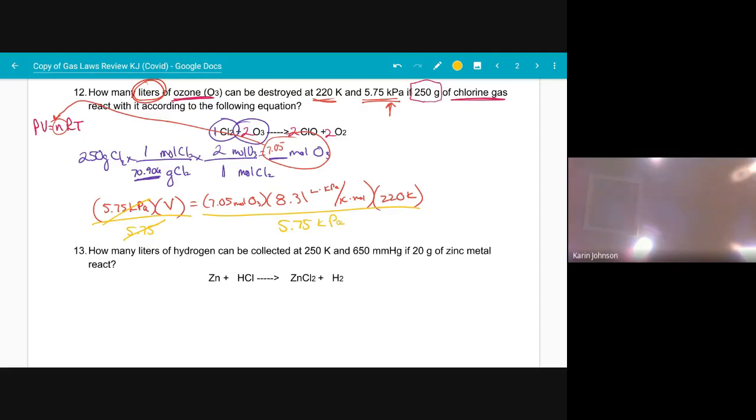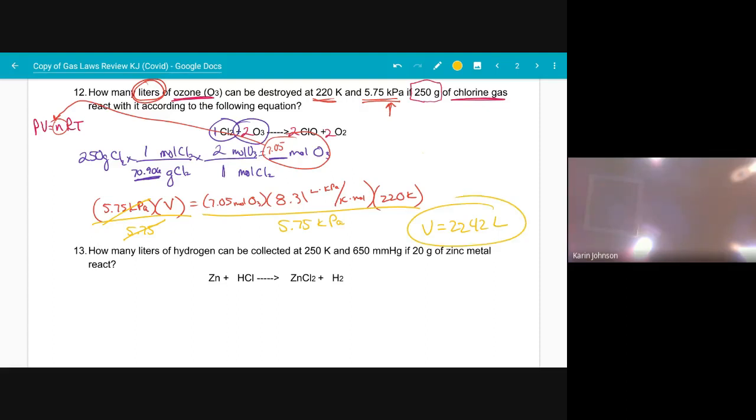And when I enter it all in, 7.05 times 8.31 times 220 divided by 5.75, we should get a fairly big number, 2242 liters. And let's see, so V equals 2242 liters would be our final answer.